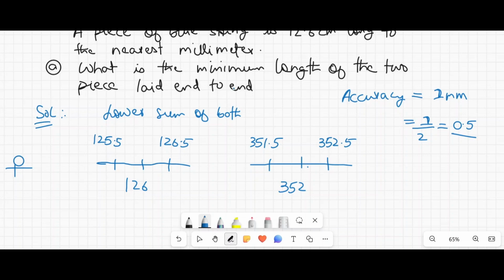So the minimum length of the two pieces end to end is the lower bound of a sum, so lower bound of the smaller plus lower bound of the larger. So you will get 125.5 plus 351.5.